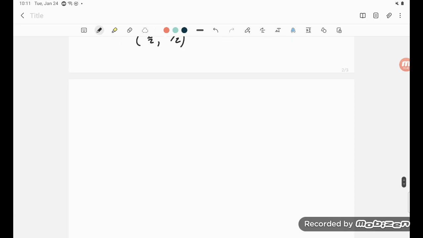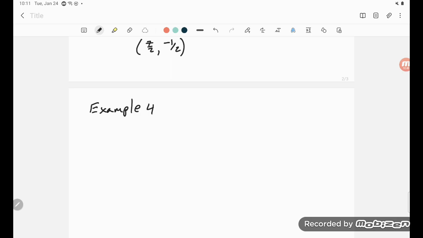And now we also have example 4.11.2. The difference here is that they actually do give us the units for the x and so forth.